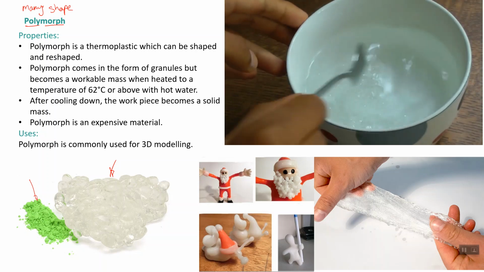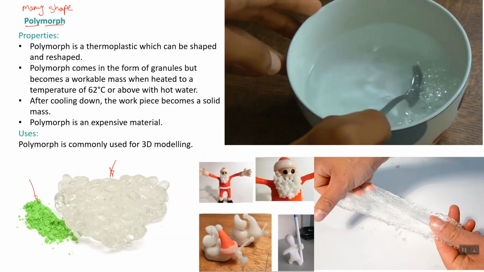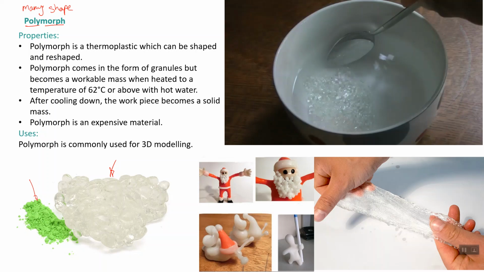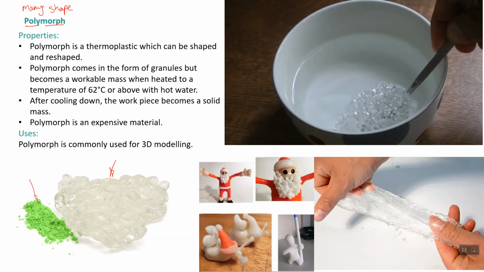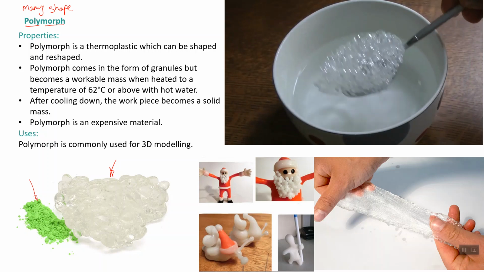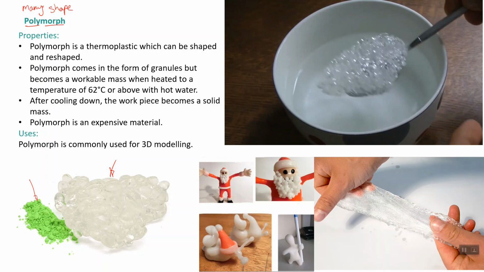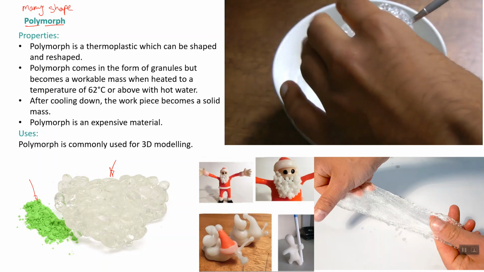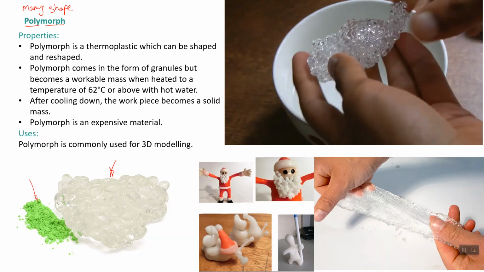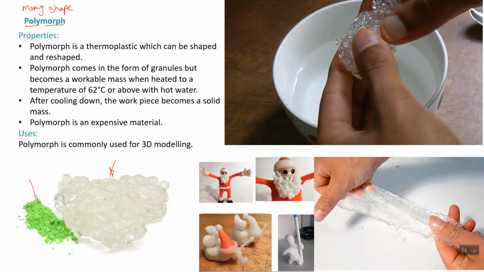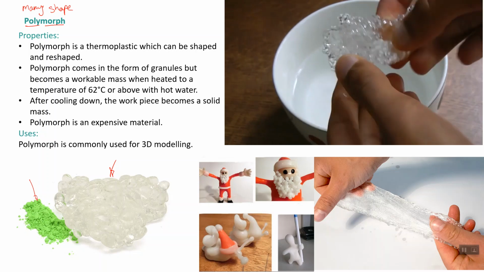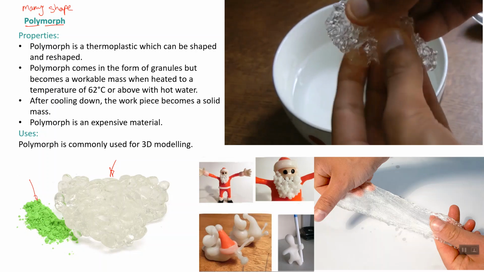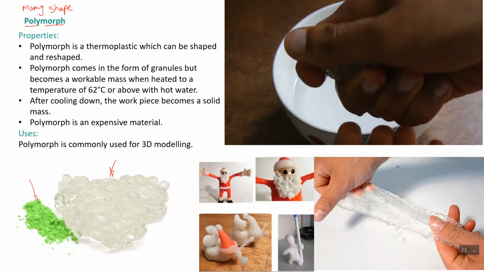So when it is heated, it melts and it becomes a paste. Okay, which can be used when it softens. So it can be used and shaped to make whatever we want. It's a bit like plasticine, okay?